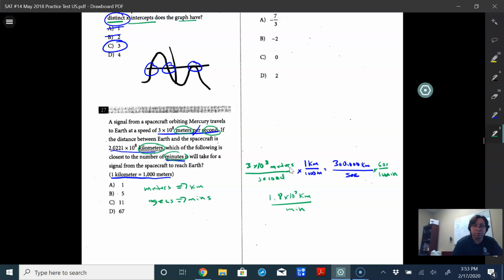Well, we're at 1.8 times 10 to the 7th kilometers per minute, and it says the distance between Earth and the spacecraft is 2.0221 times 10 to the 8th kilometers. Which of the following is closest to the number of minutes?